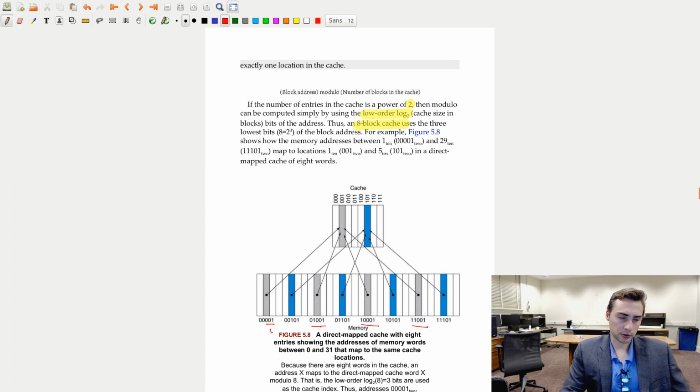So we're going to be in space 1. Over here, this is 5. We look at the lower 3, this is 1. We look at the lower 3, this is 5. And so on and so forth. 1, 5, 1, 5. So we're only looking at the last 3 bits. So direct mapped caches are super simple to calculate.